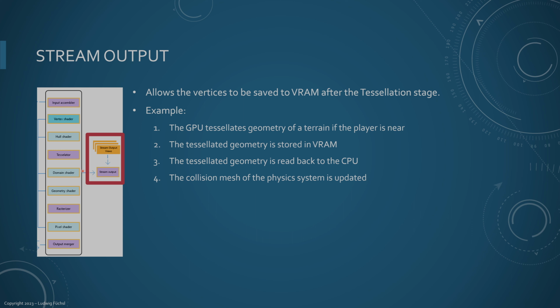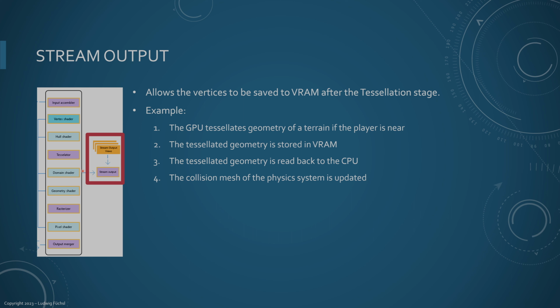And now we have the option to output this back to VRAM, so that we don't need to run tessellation multiple times. Or, for example, this is the example that I have used here, we could use the GPU to tessellate a terrain according to some transformation data of the player. If the player is moving through snow, it is maybe modifying that snow. This is something that could be done in accordance with the simulation on the GPU.